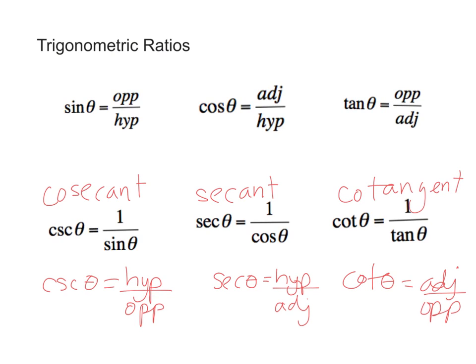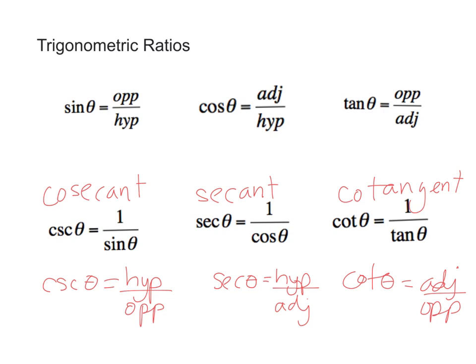We don't use these very much anymore, these cosecant, secant, and cotangent. They used to be used a lot more, before your time or before my time, when people didn't have handheld calculators. All of our trig ratios we used to get in a big table of ratios. Like I said, this is before I was in school, because when I was in school we had scientific calculators, right?